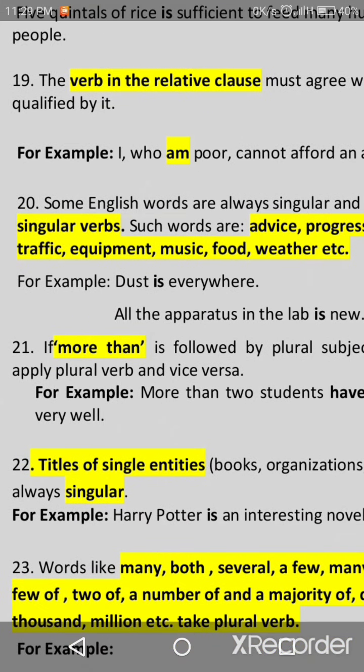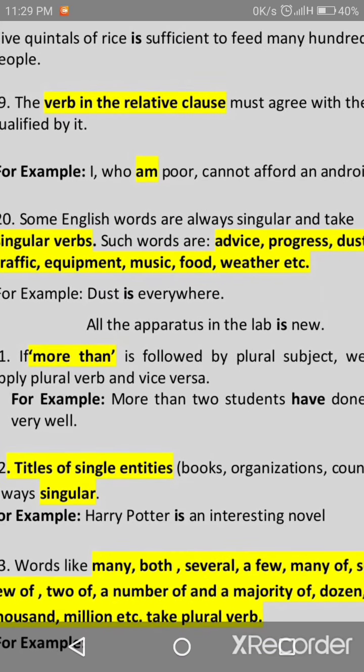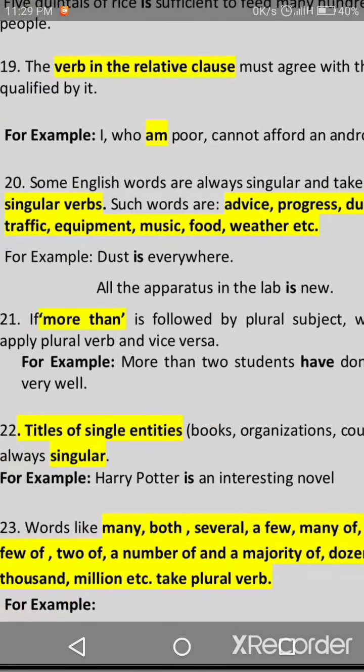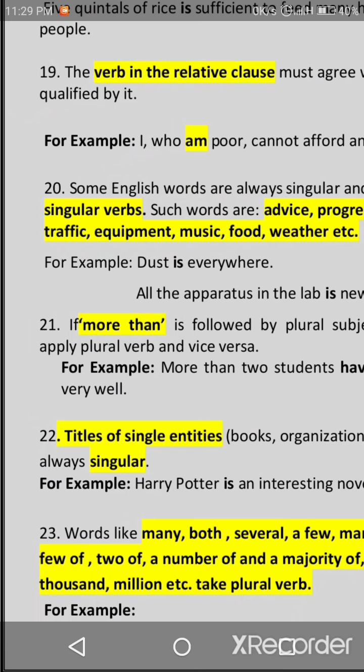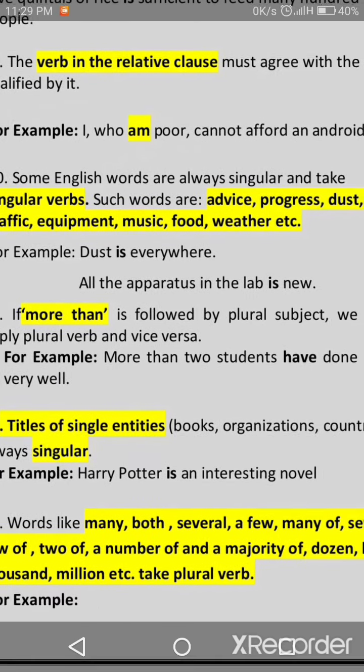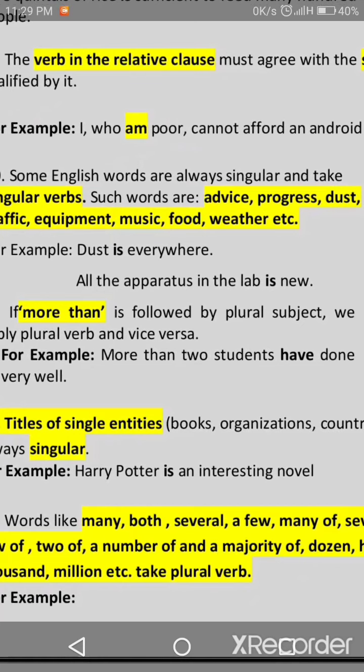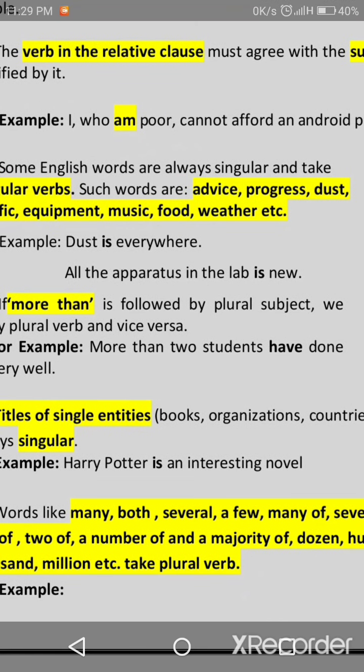Rule number 19. The verb in relative clause must agree with the subject qualified by it. For example, I who am poor. Now see, I who am poor. Now this am is used for the word I and who am poor is a relative clause.